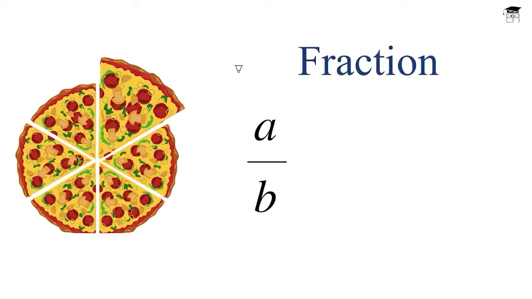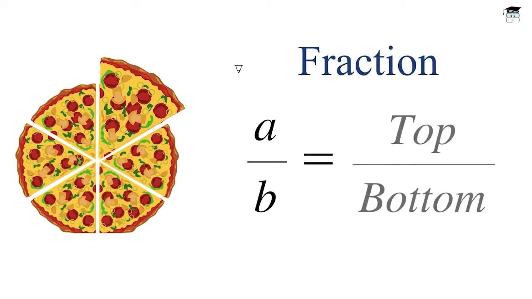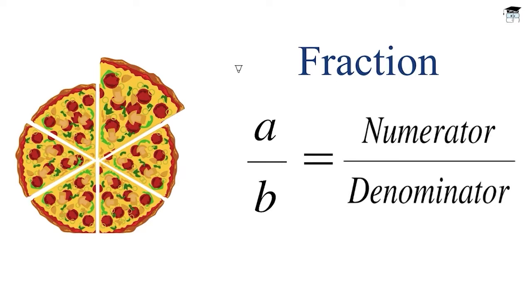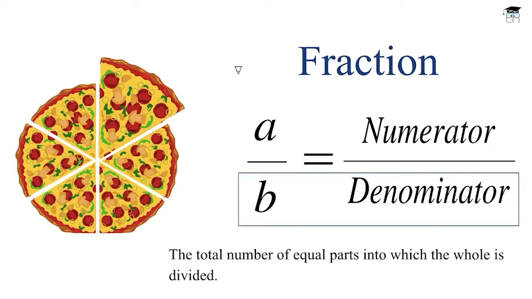A fraction has two parts, a top part and a bottom part. The top part is known as the numerator and the bottom part is called the denominator. A denominator is the total number of equal parts into which the whole is divided. For example, this pizza is divided into 6 parts, so the denominator will be 6.